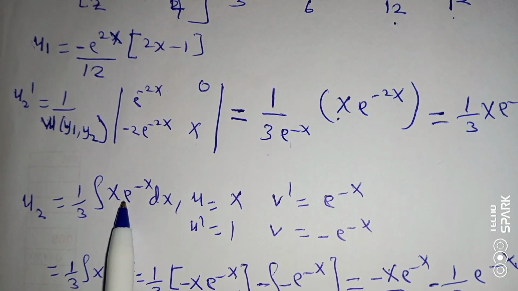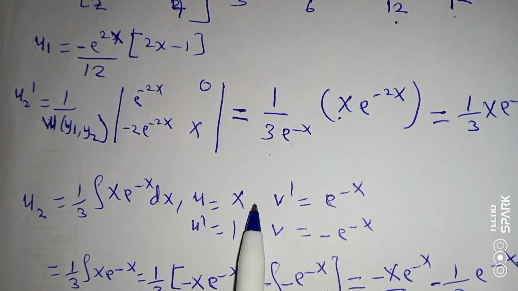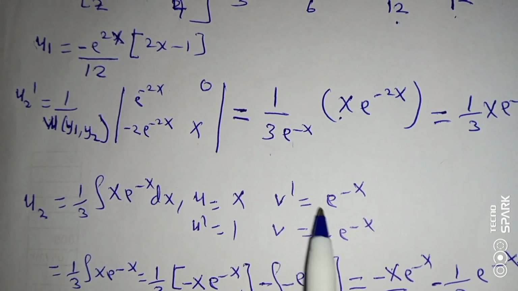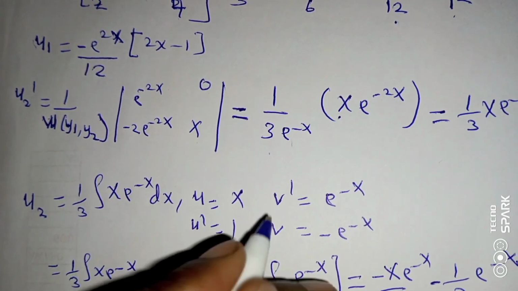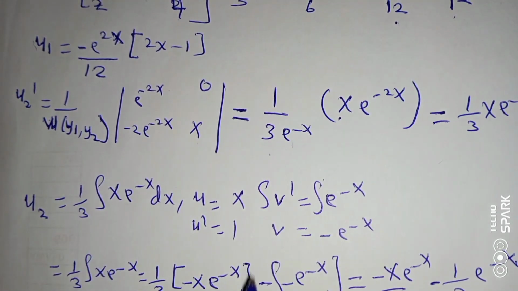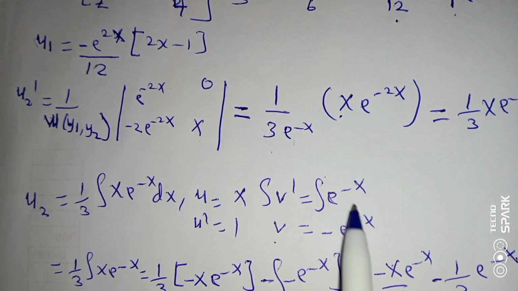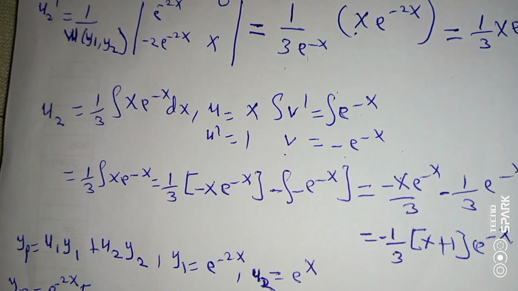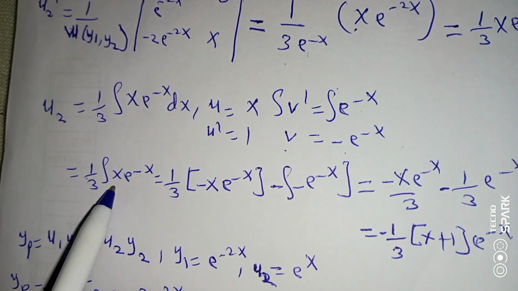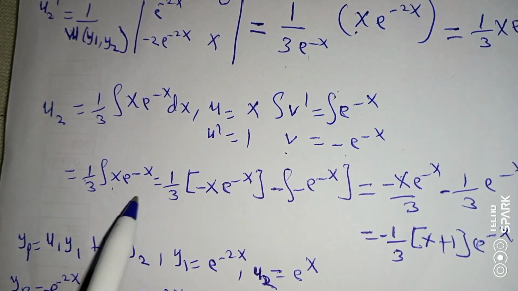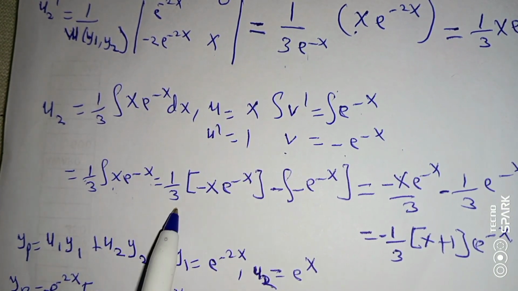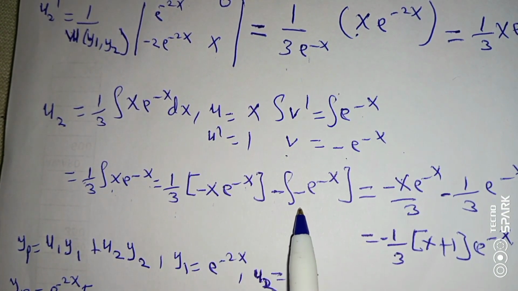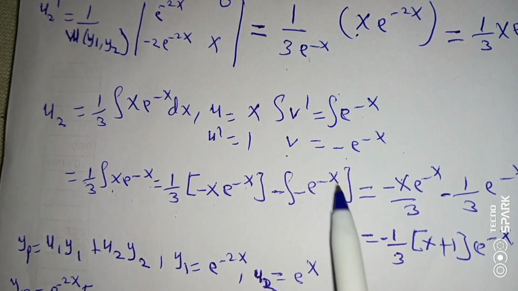This is integrated by parts, whereby we let our u be x, we differentiate u so that you get your u prime as 1. Then our v prime to be exponential negative x. When you integrate this part here on both sides, it will give you v, which is negative exponential negative x. Meaning that now the integral of x exponential negative x will be negative x exponential negative x minus negative exponential negative x.